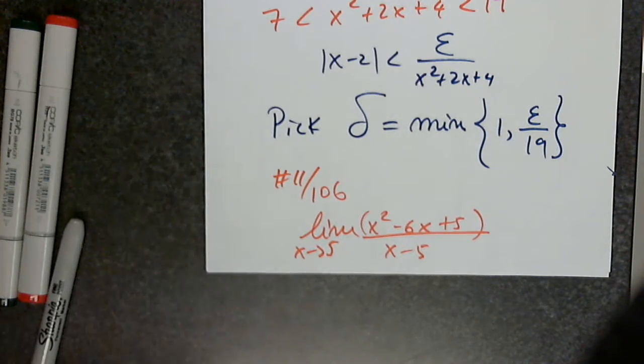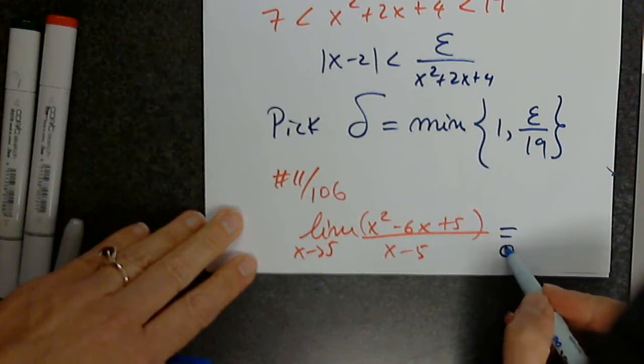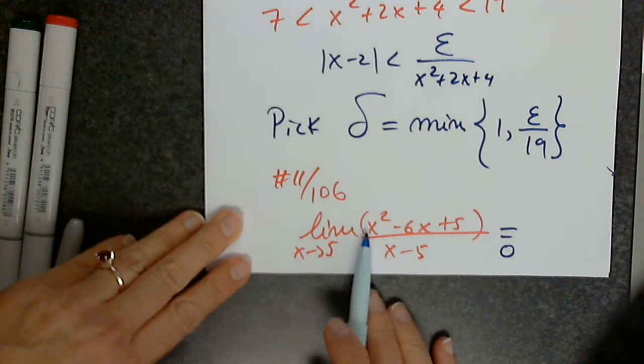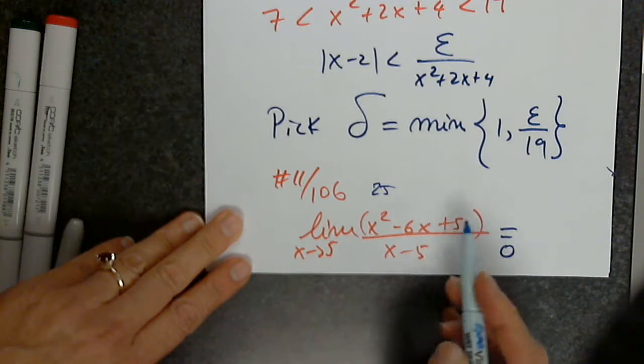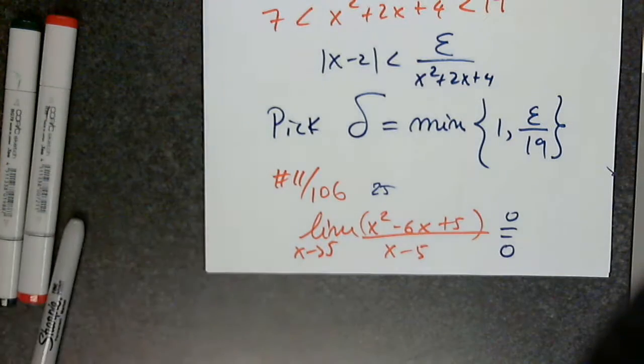If I plug in 5, I see the denominator is 0, and the numerator is 25 plus this, which is 30, and this is negative 30. 0 over 0. What does that mean? It doesn't say you will find the limit. The limit exists. It just says it's not the other one that is completely blocked, that cannot exist.